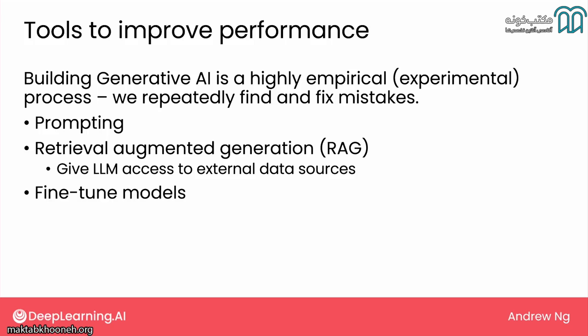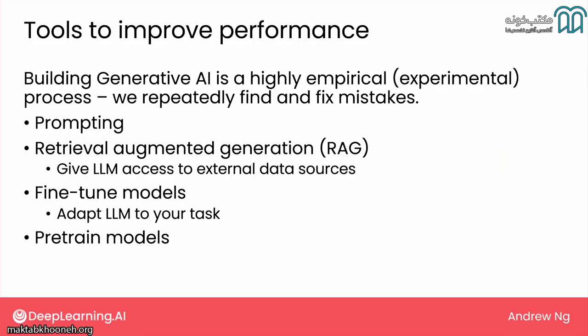We'll also talk later this week about a technique called fine-tuning that allows you to adapt a large language model to your task. And then finally, pre-training models, which refers to training a large language model from scratch. Don't worry if you don't know what any of these terms mean. We'll go through each of them in depth later this week, but they're all key techniques that, in addition to prompting, give you different ways to improve the performance of your generative AI system.